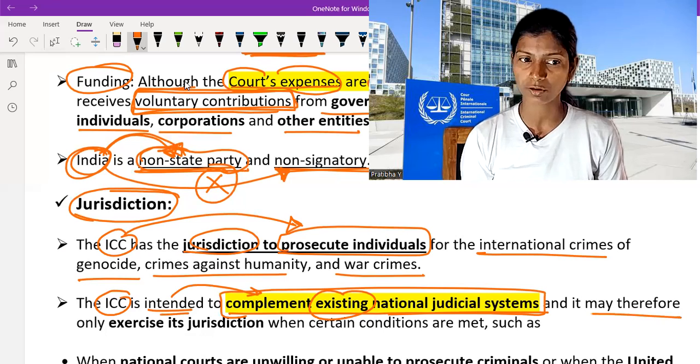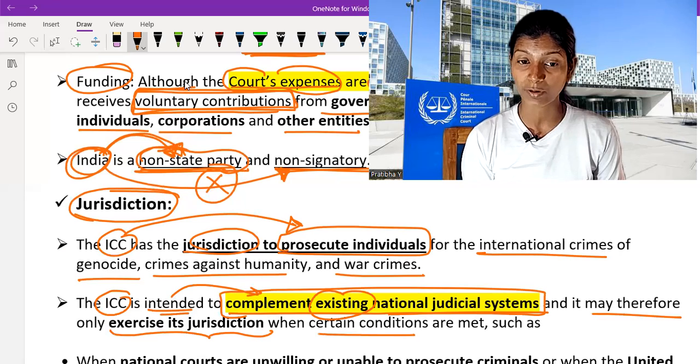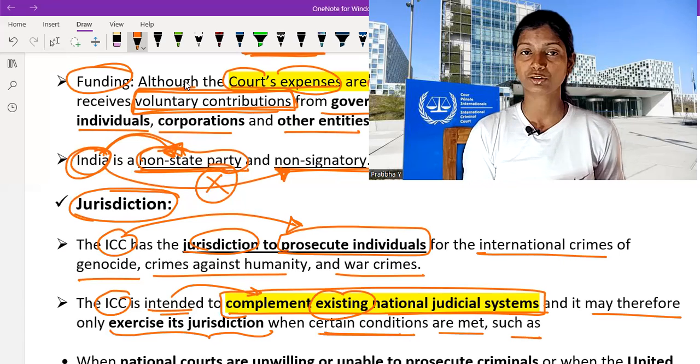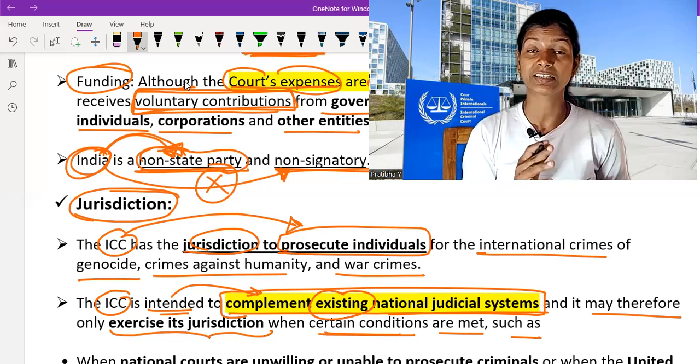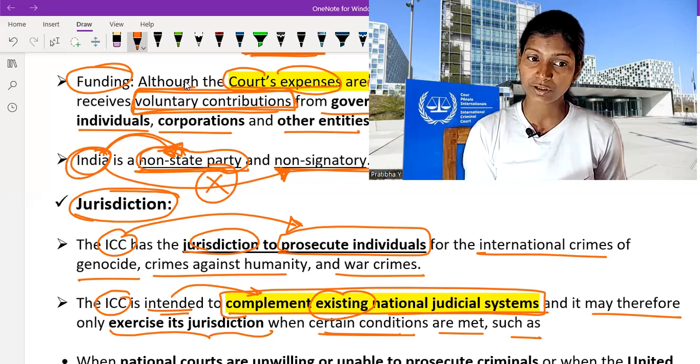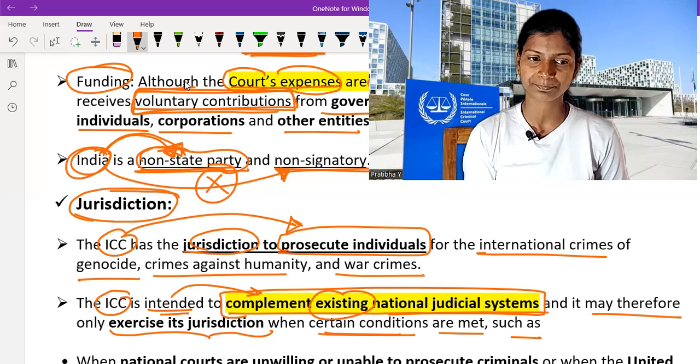It may therefore only exercise its jurisdiction when certain conditions are met. So what are these conditions?